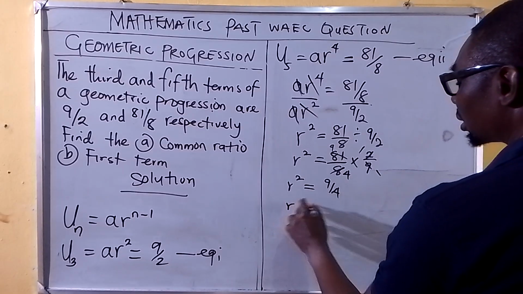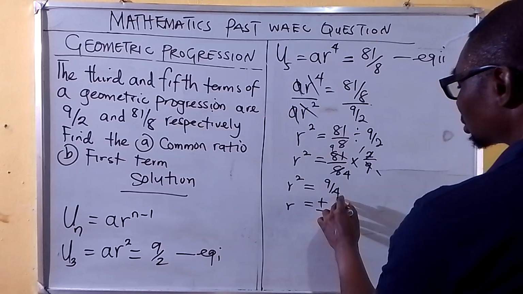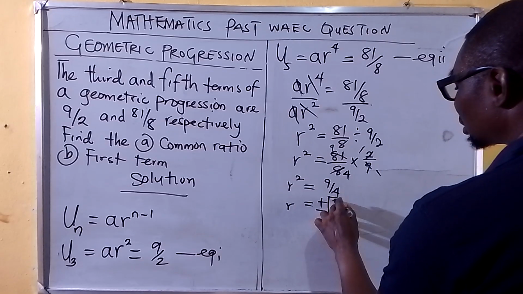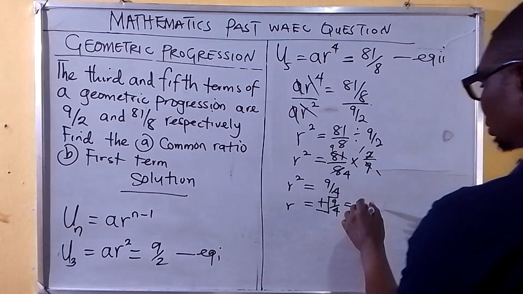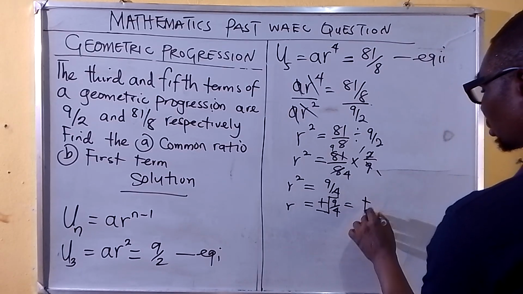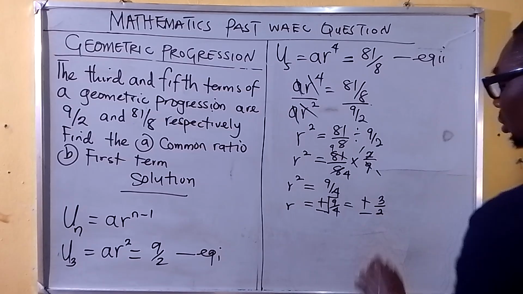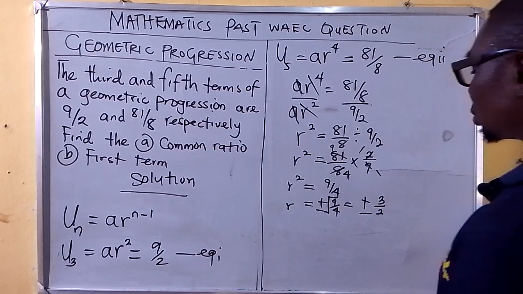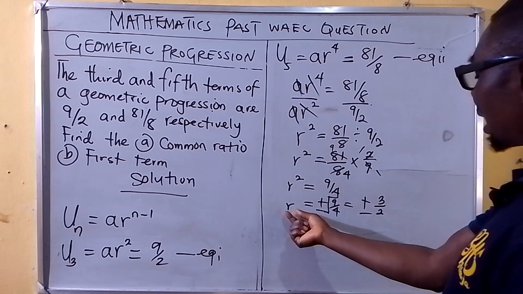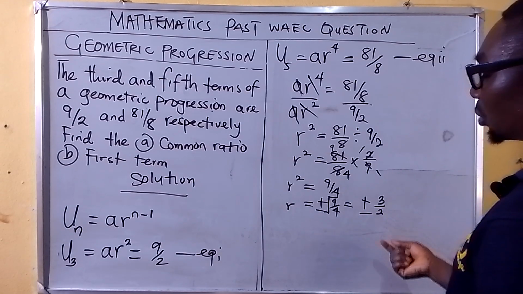Therefore, R alone will now be plus or minus the square root of 9/4, which is equal to plus or minus 3/2, because the square root of 9 is 3, the square root of 4 is 2. So we have gotten R to be plus or minus 3/2.